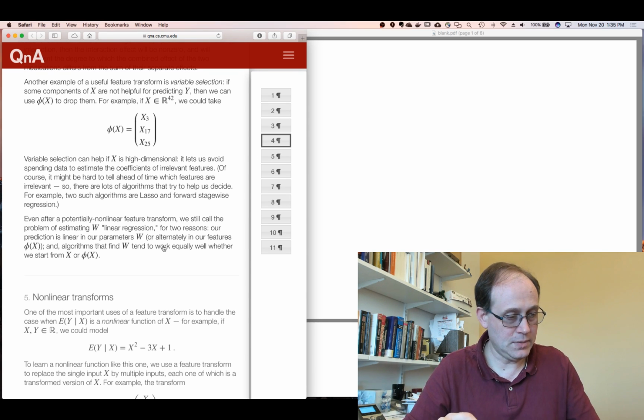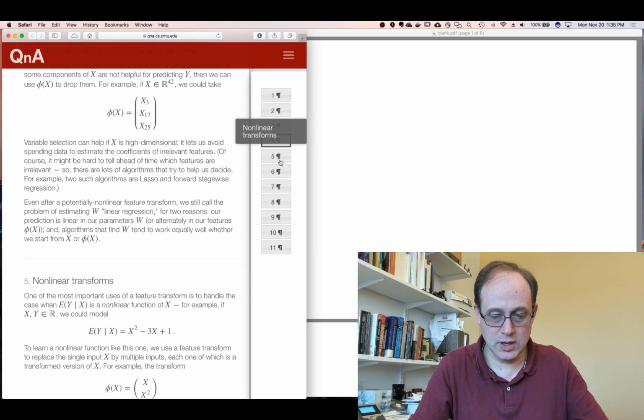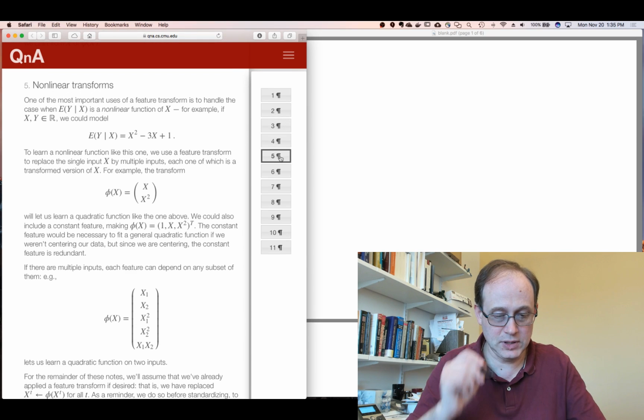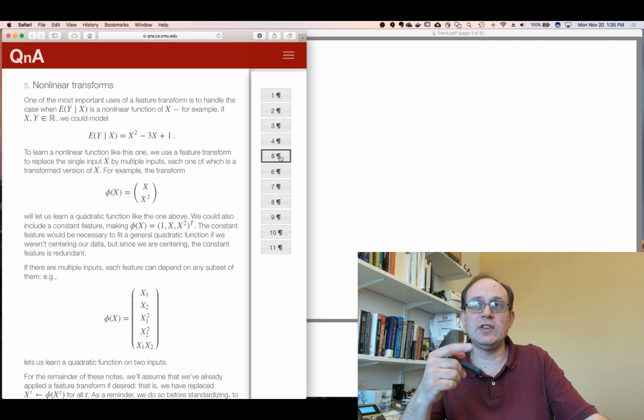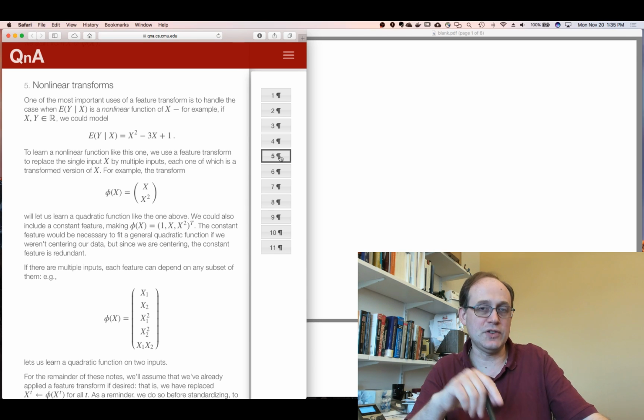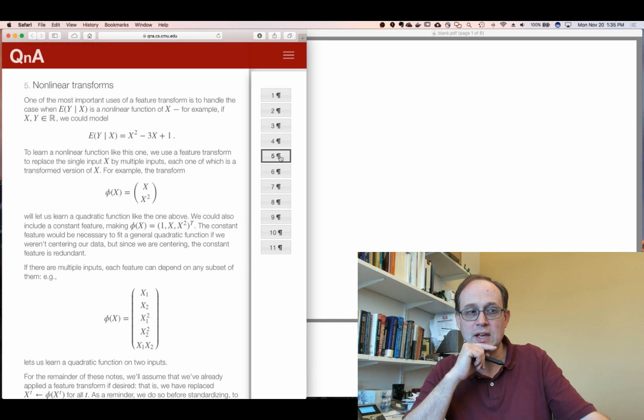All right, so a big example of a use of a feature transform is to fit a nonlinear function. Even if we have just one input variable, call it x, we might like to fit y as a nonlinear function of x instead of a linear function. And in that case, there's an easy way to do it.